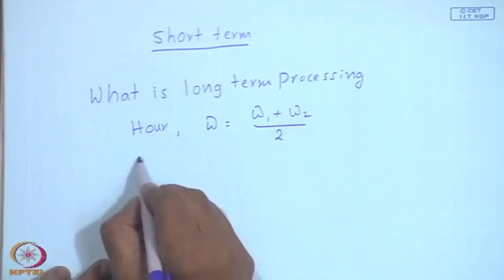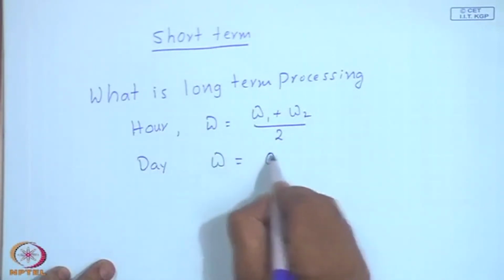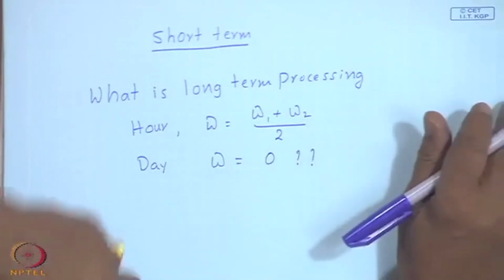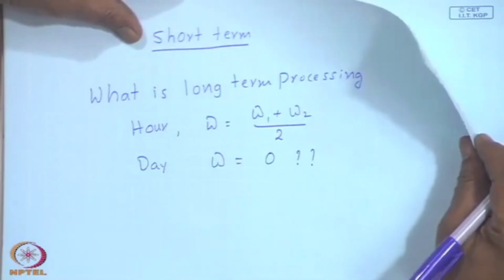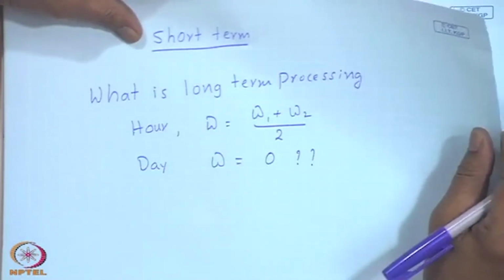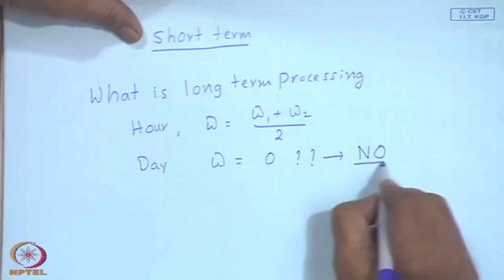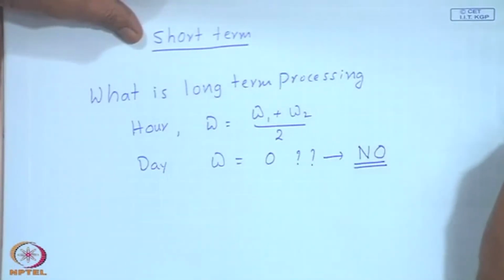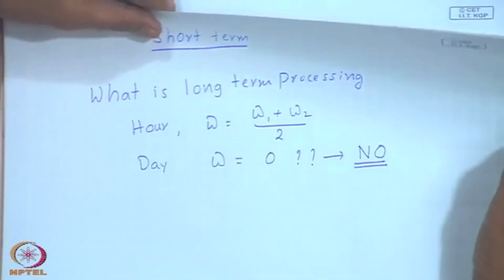What about a day? Can I calculate at the midpoint of the day, which is the solar noon, where omega is equal to 0? Answer is obviously a big no, because if it is a south facing surface, you will have perhaps the best orientation at the noon time, and hence R B calculated at omega equal to 0 cannot be representative of the entire day.